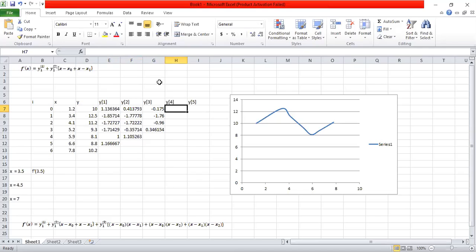Fourth order divided difference, and let me consider 8.1 minus 10. So that is D11 minus D7 divided by C11 minus C7.